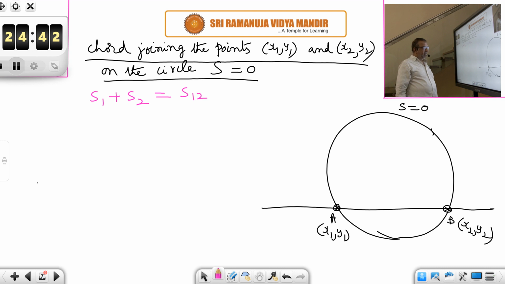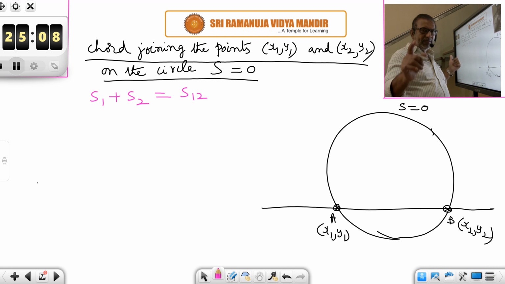Let me prove this, how it is the equation of the chord joining the 2 points. First I show that S1 plus S2 is equal to S12 is a linear equation in x and y. So hence it must represent a straight line. Is it not? Every linear equation in the form ax plus by plus c is equal to 0 represents a straight line. We know that. So first I show that it is just a linear equation only.